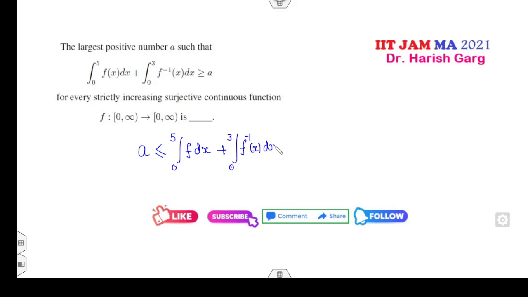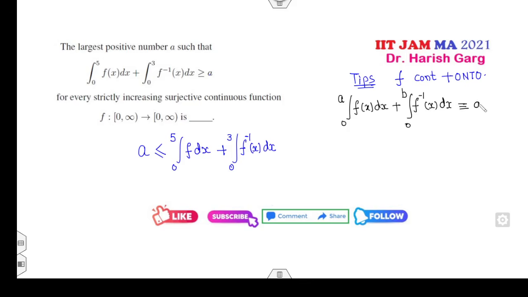Fine. So first of all, I will tell you the shortcut tip. If your function is continuous and onto, then you can write the integral 0 to a of f(x) dx plus the integral 0 to b of f inverse of x dx.